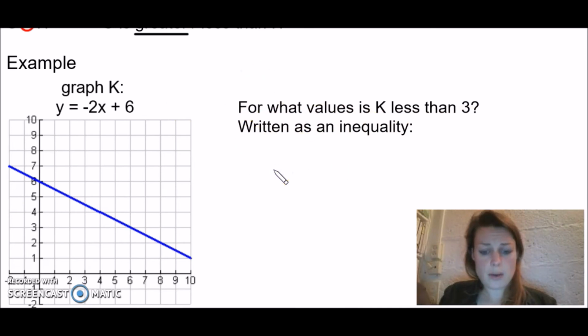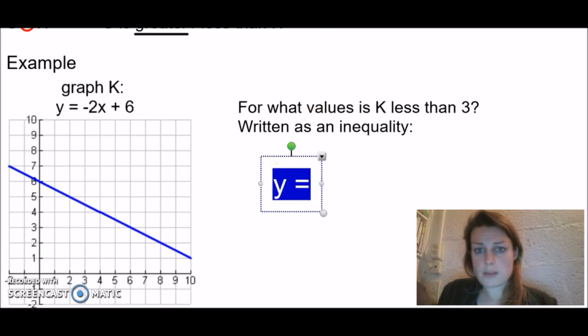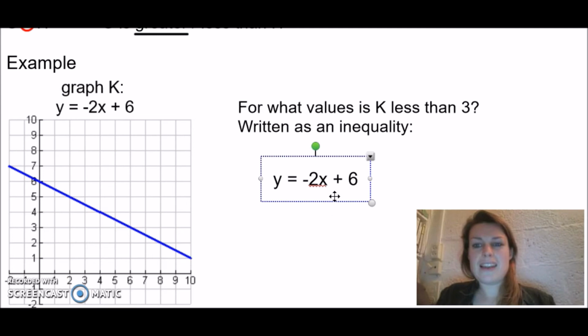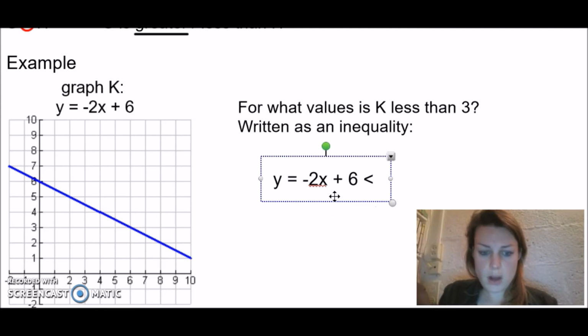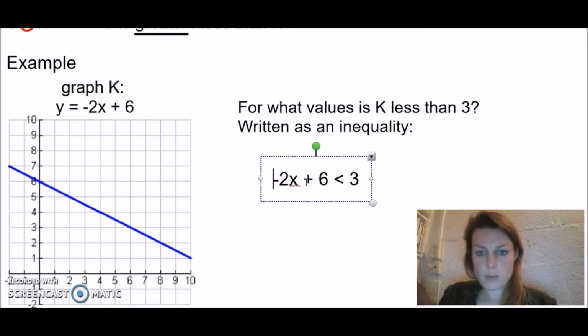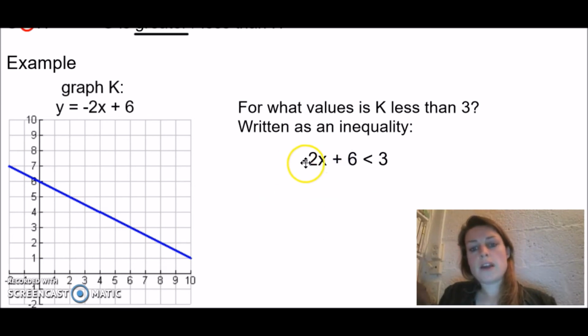We have to write a y, and I'm going to make it smaller at the beginning already. Y is minus 2x plus 6, and it has to be less than 3, so smaller than 3. So I'm going to remove the y because we just have this one. So we want to know, when is minus 2x plus 6 smaller than 3?